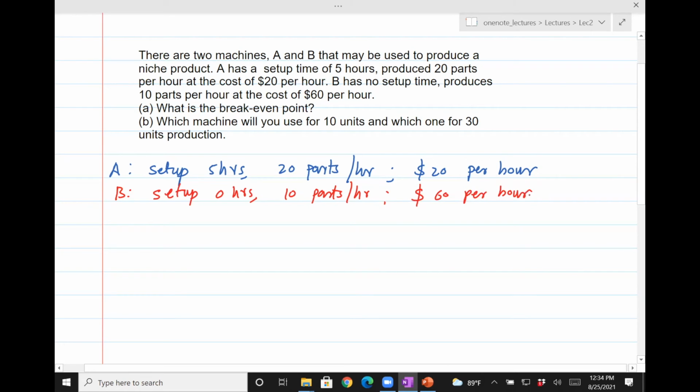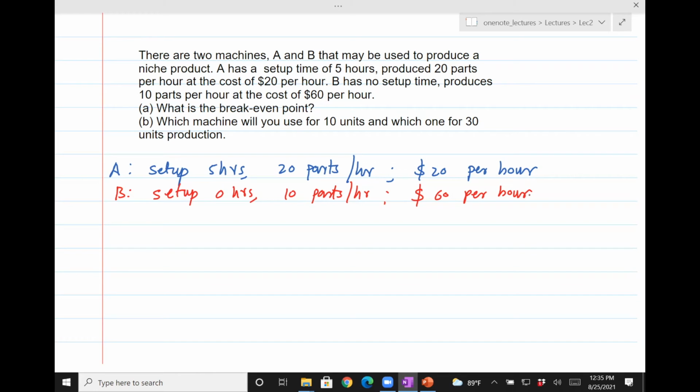Okay, so if you see these numbers, you can see that A is taking more time upfront. You need 5 hours to set it up.